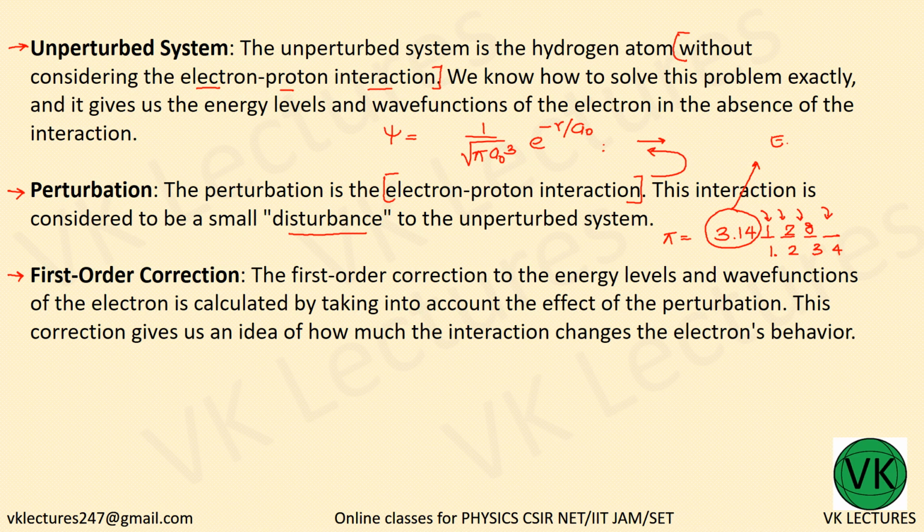That is called the order of the correction. It is represented by lambda power 0, lambda power 1, lambda power 2, lambda power 3, etc. So this represents the unperturbed one. This is first order, second order, third order, and it goes on.